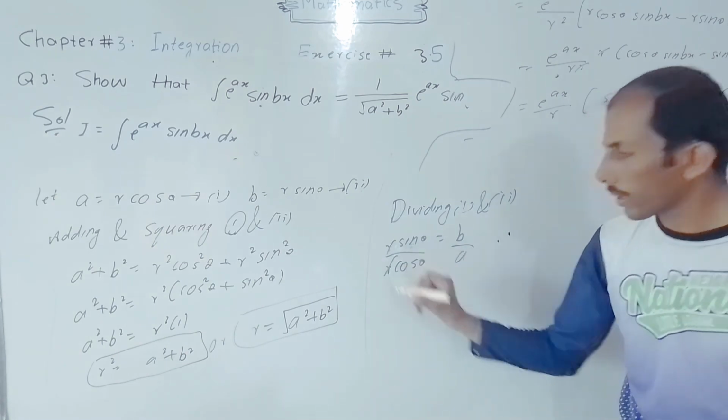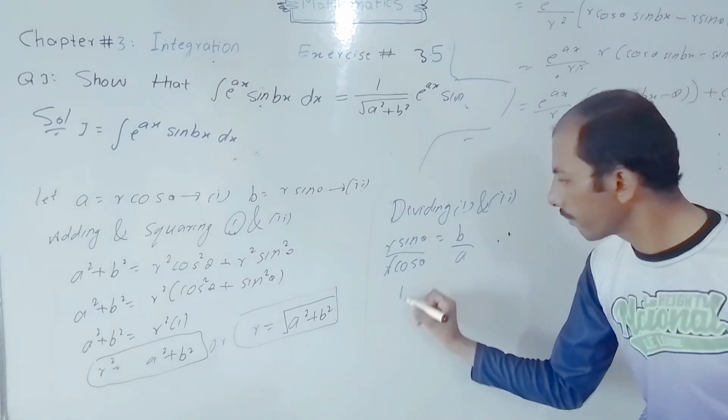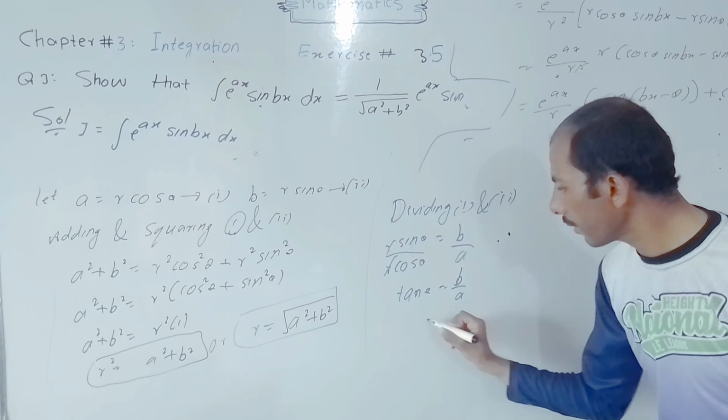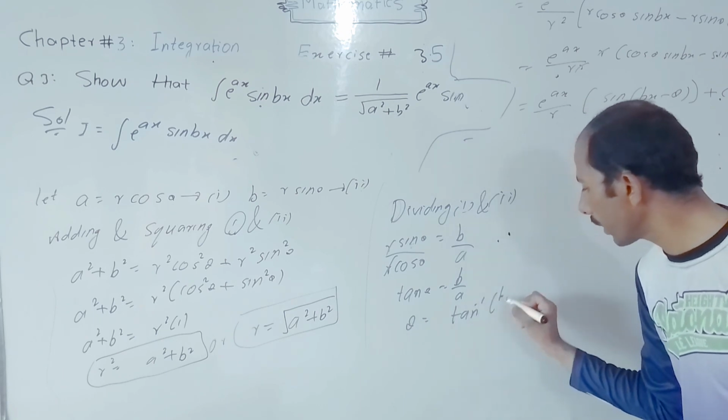So r cancels, sin theta over cos theta is equal to tan theta is equal to b divided by a. Theta is equal to tan inverse b divided by a.